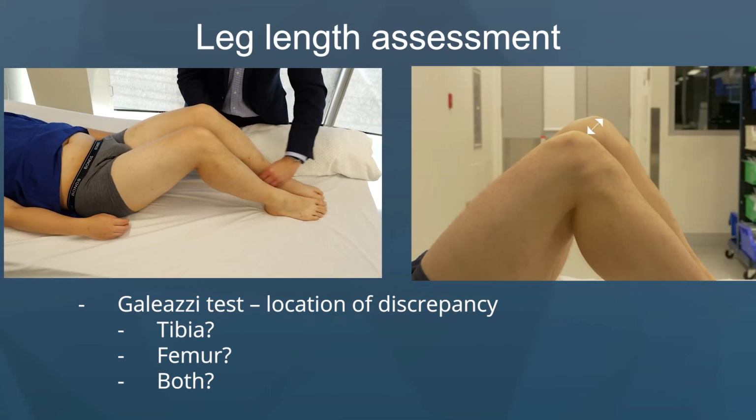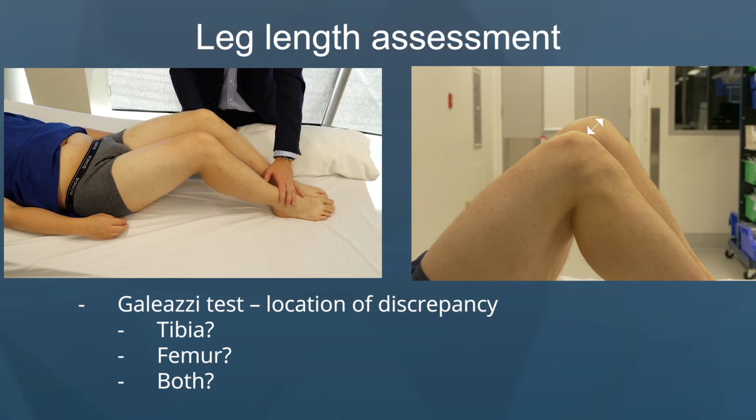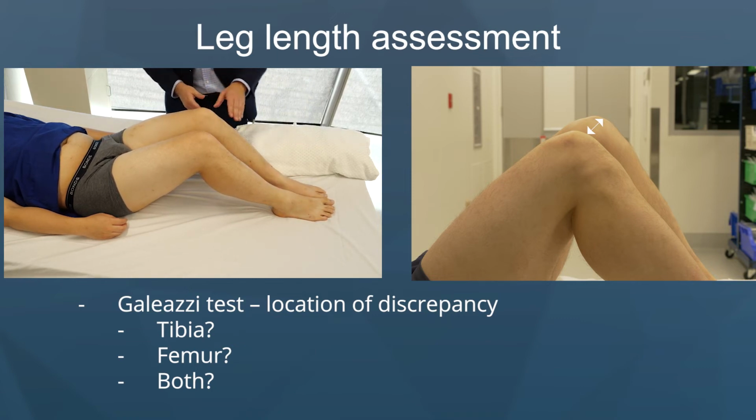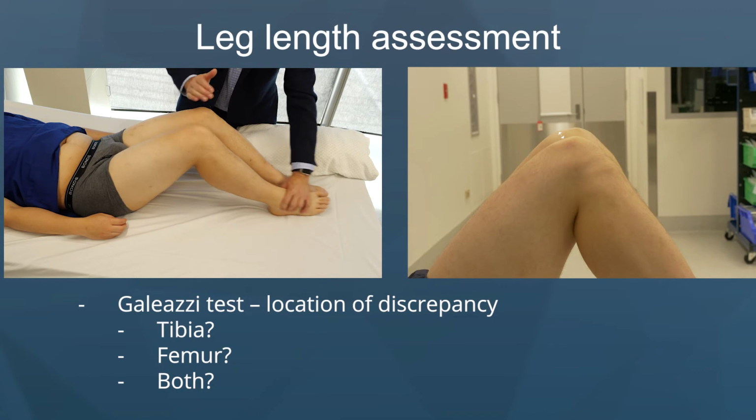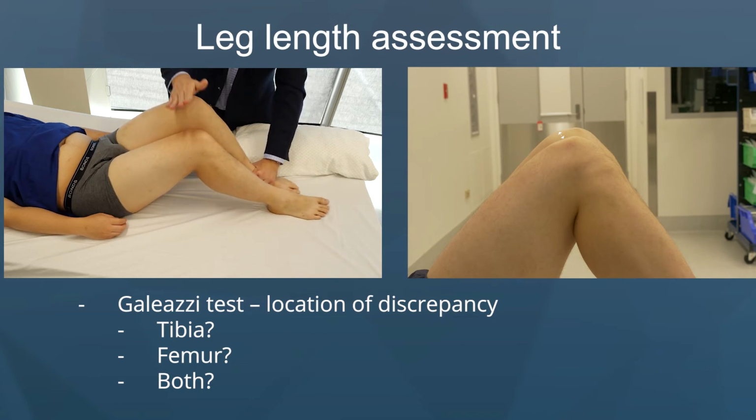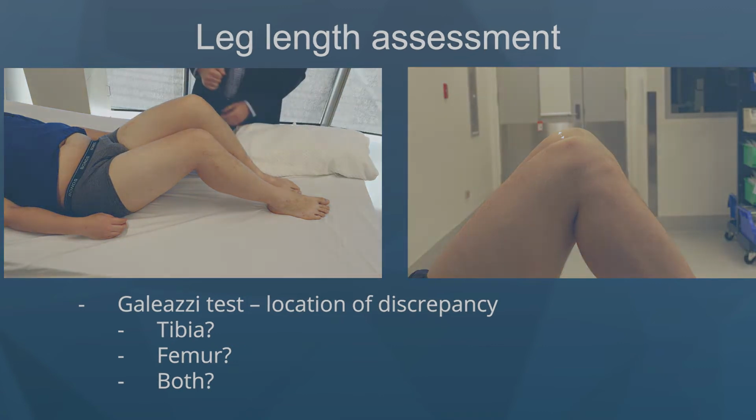This is performed by using Galeazzi's test, by flexing the hips to 45 degrees and the knees to 90 degrees, with the feet flat on the bed, looking for asymmetry in the heights of the knees from the side and above. Please note, if shortening is in the femur, it can also be above or below the greater trochanter.